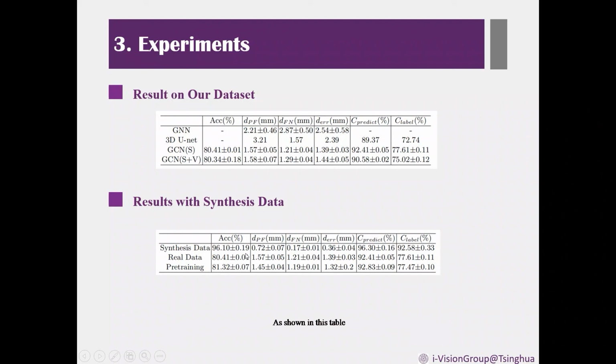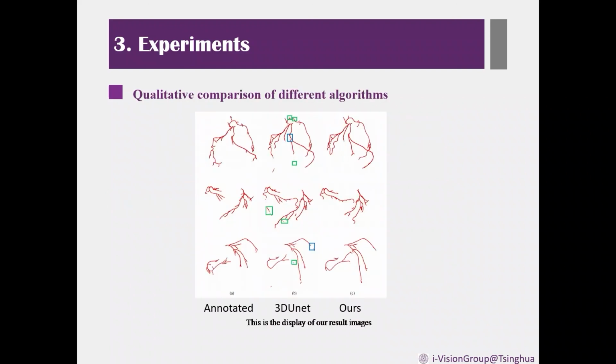As shown in this table, when using pre-training, the performance on each indicator improves or remains basically unchanged. Since the synthetic data is mainly used for training GCN, the improvement of its classification accuracy can directly prove the effectiveness of synthetic data in this task. This is the display of our result images.